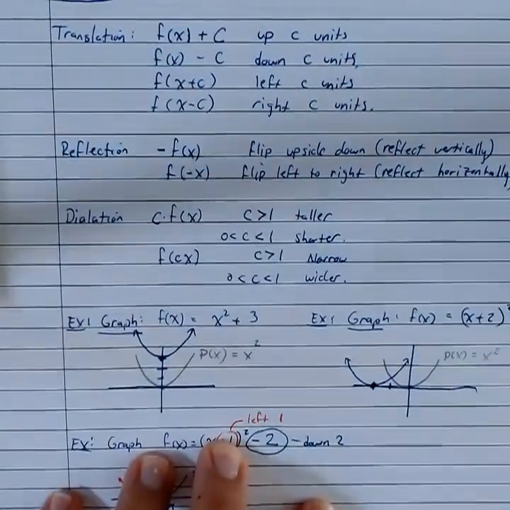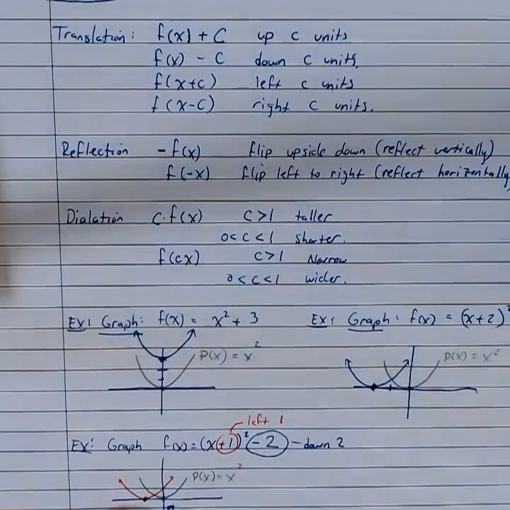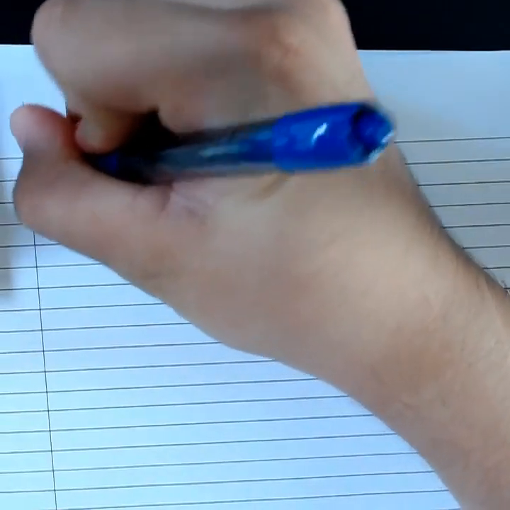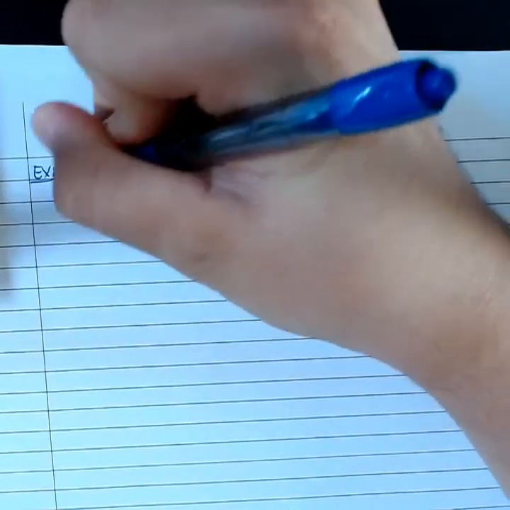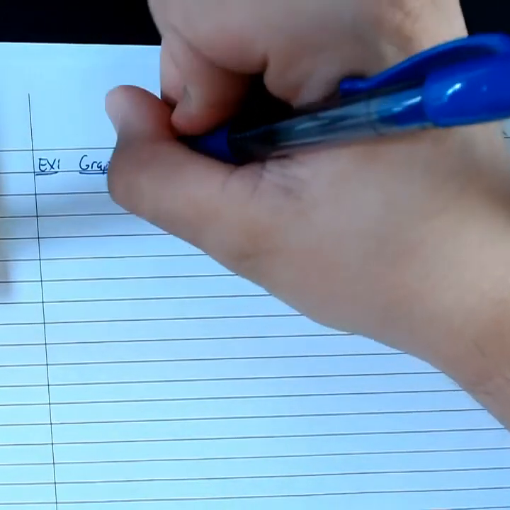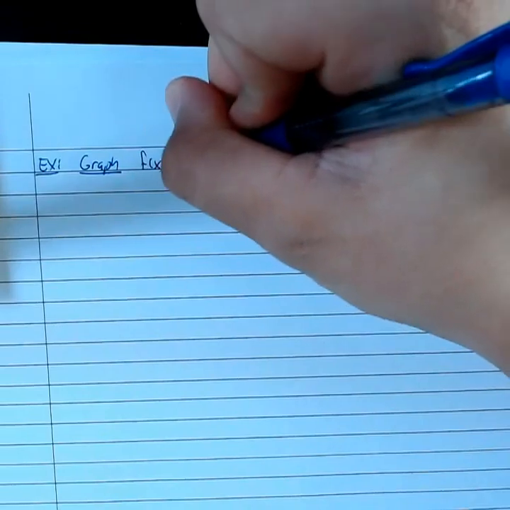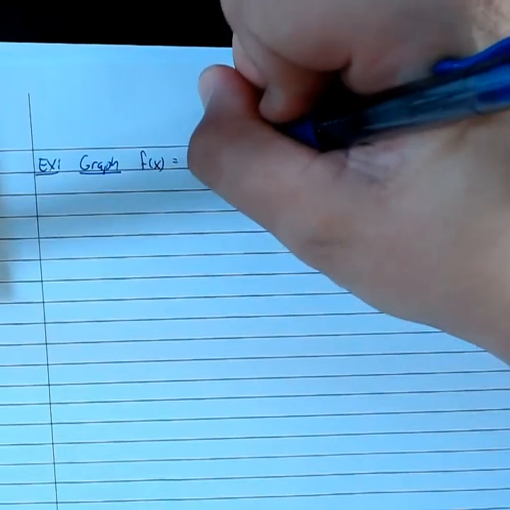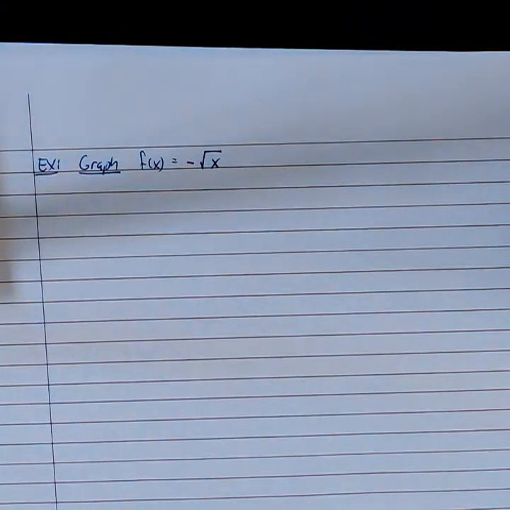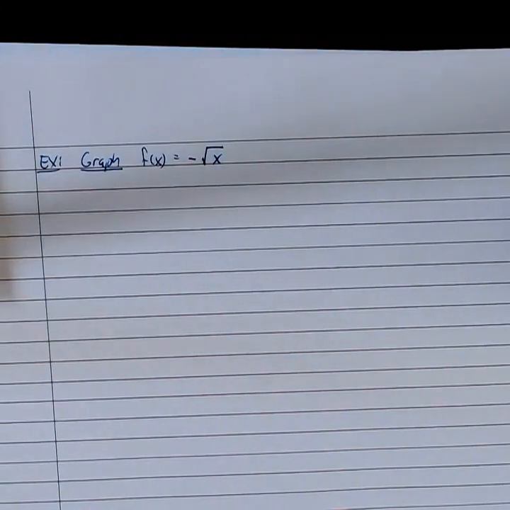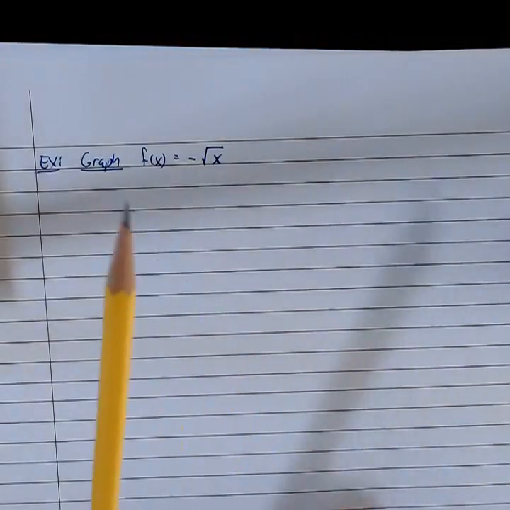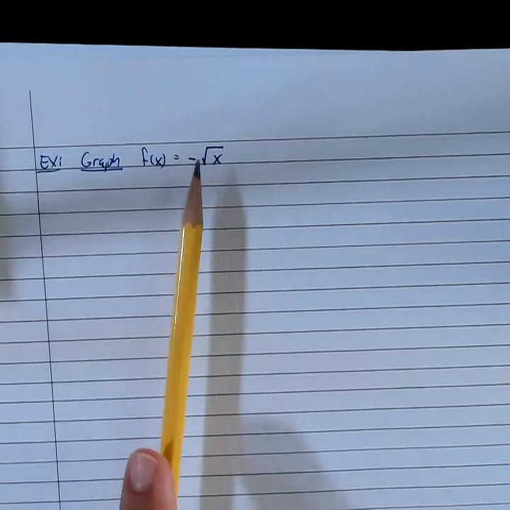Let's take a look at some examples now of the other transformations. Let's graph f of x equals negative square root of x. All right, we know that if we ignore all the additions, the subtractions, the multiplications, all of that stuff, that's our parent function.